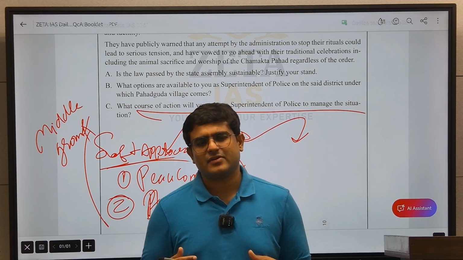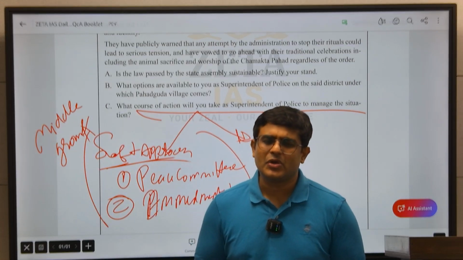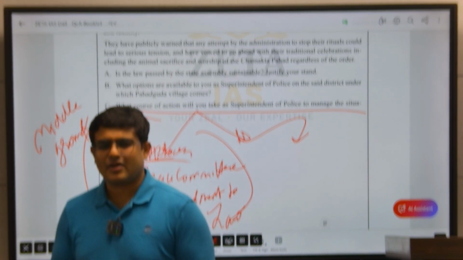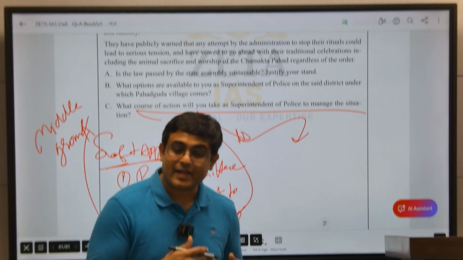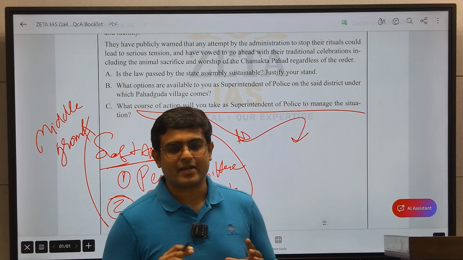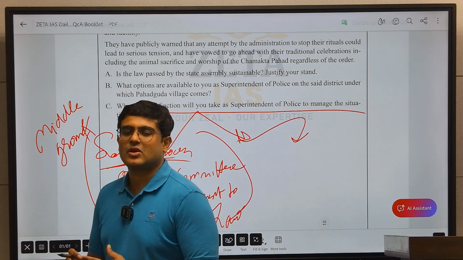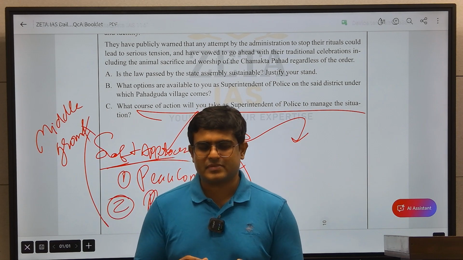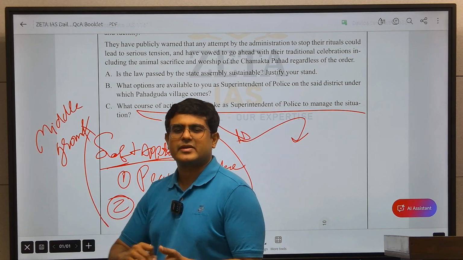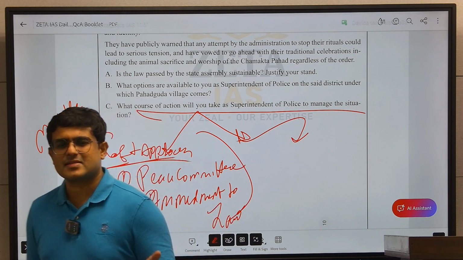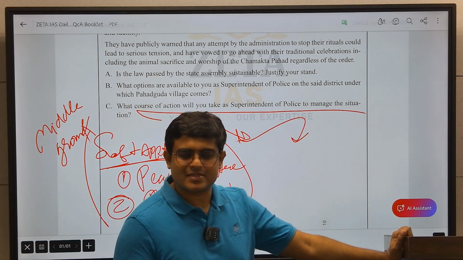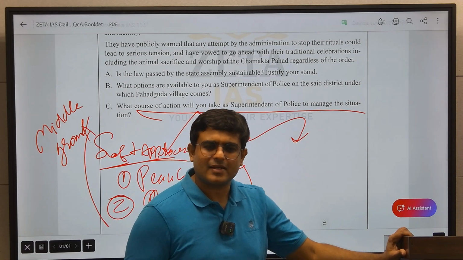Yes, let them celebrate, and after a day or two you take some minor legal action like detaining them for a few hours, or imposing some fines, but at the same time take them into confidence that, yes, we accept that there are some issues with the law, and some action we need to take. So take some minor action, and then you write a report to your concerned senior and the concerned state government machinery, that please amend this law.